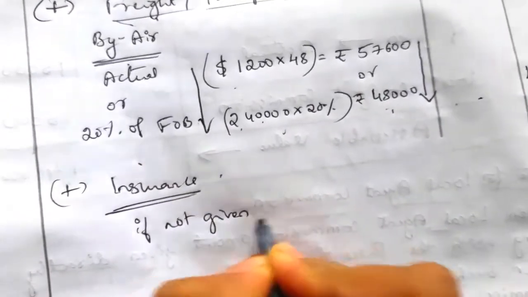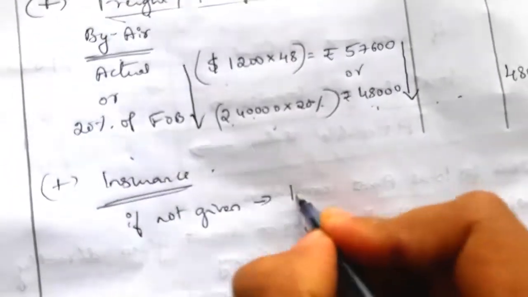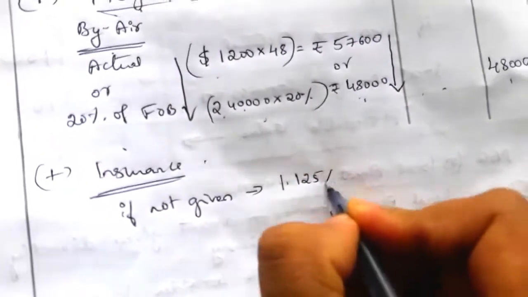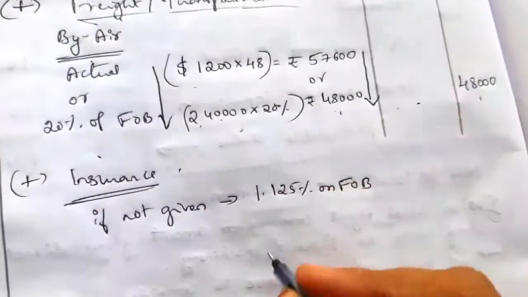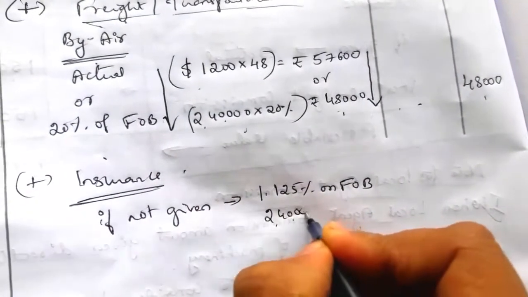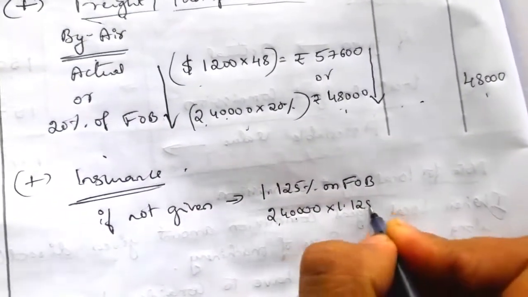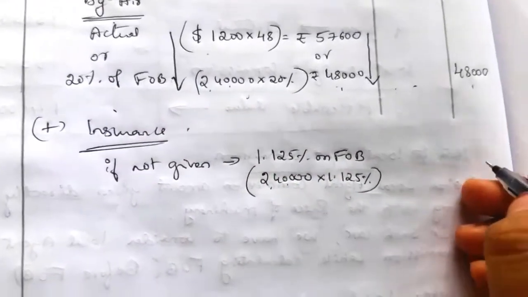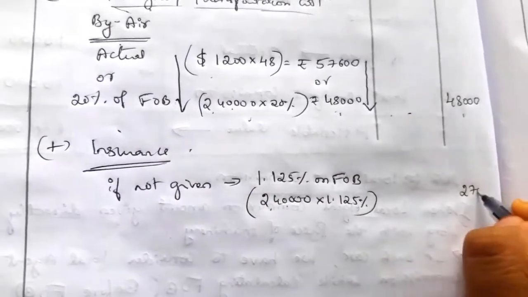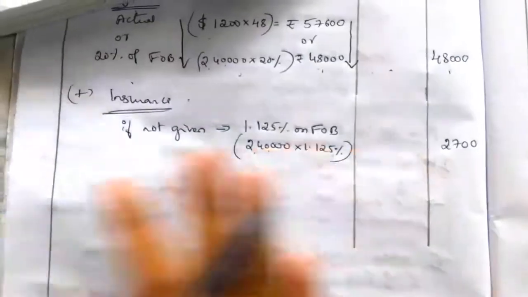We have to calculate 1.125% on FOB. So what is the FOB? That is 2,40,000. 2,40,000 into 1.125% is equal to 2,700.